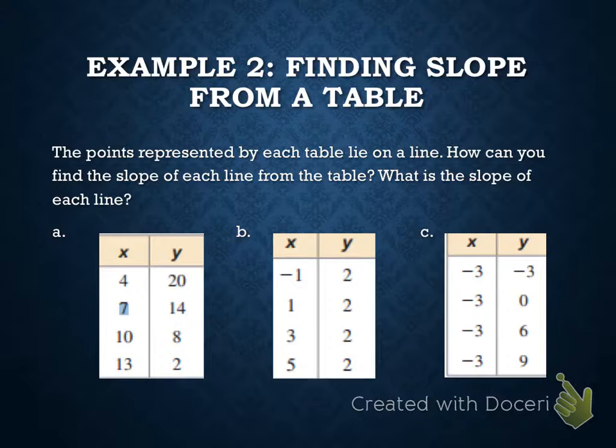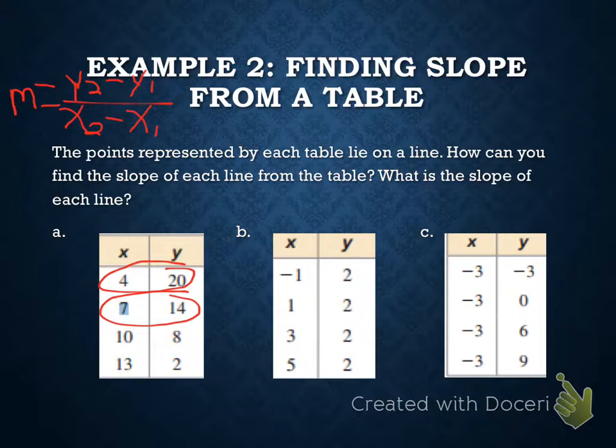Now, we can do that with any 2 points on these tables. So remember that equation: slope, or m, is going to equal y2 minus y1 over x2 minus x1. So let's just pick the first 2 points here, and we'll call these y2, y1, x2, x1.